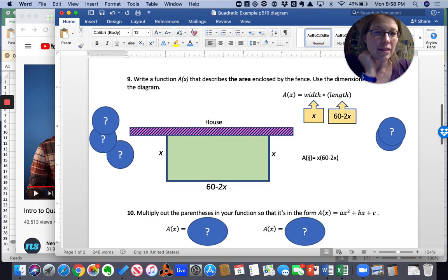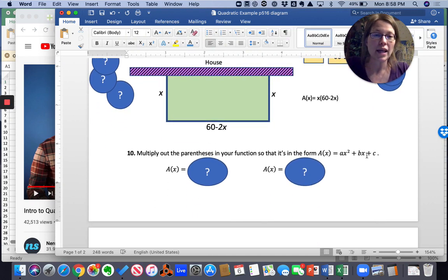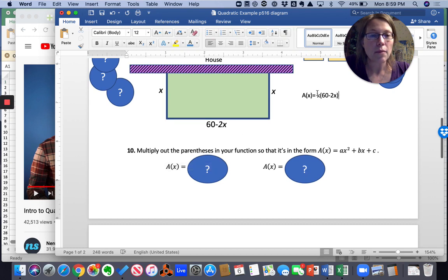Now you may not recognize, but here we have a quadratic equation. Number 10 wants us to multiply it out so it's in a more recognizable quadratic equation form. So what I'm going to do is distribute. I'm going to take the x times the 60 and the x times the negative 2x.